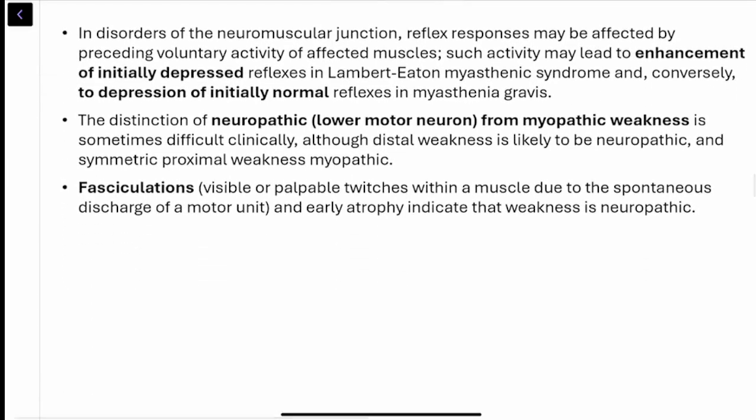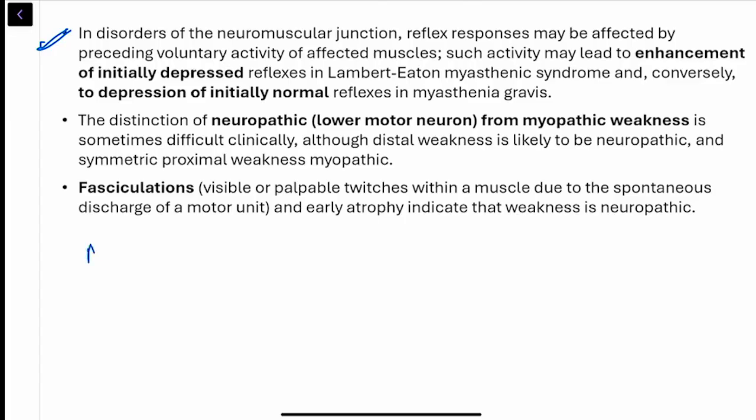In disorders of the neuromuscular junction, reflex responses may be affected by preceding voluntary activity of the affected muscles. Such activity may lead to enhancement of initially depressed reflexes in Lambert-Eaton and depression of initially normal reflexes in myasthenia gravis. Right. This slide shows how stretch reflexes vary with different diseases.